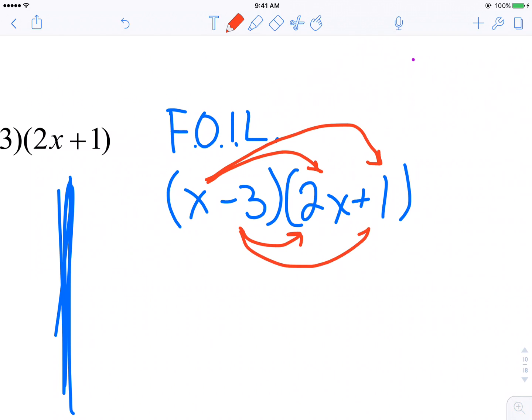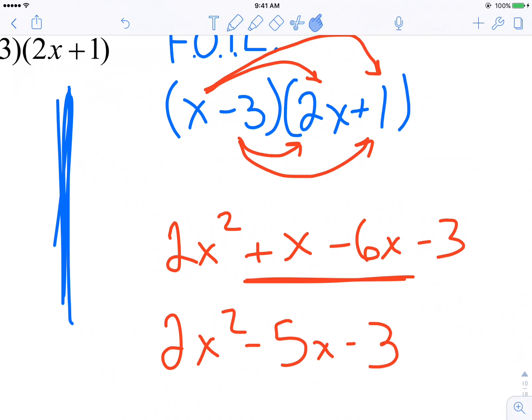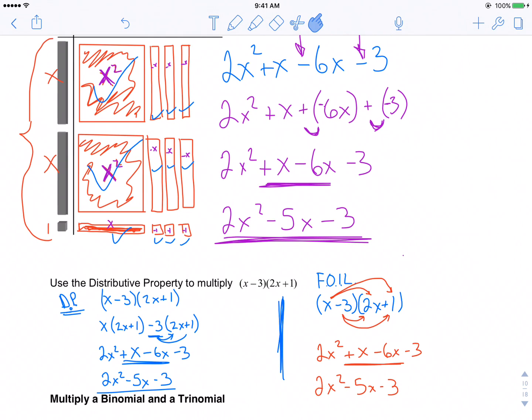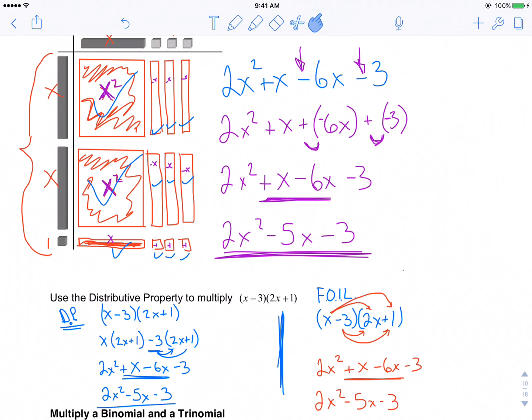And last, minus 3 times 1 to give me 2x squared plus x minus 6x minus 3. And again, combining my like terms, 2x squared minus 5x minus 3. Using algebra tiles, using distributive property, using FOIL, all to expand and simplify a binomial times a binomial.